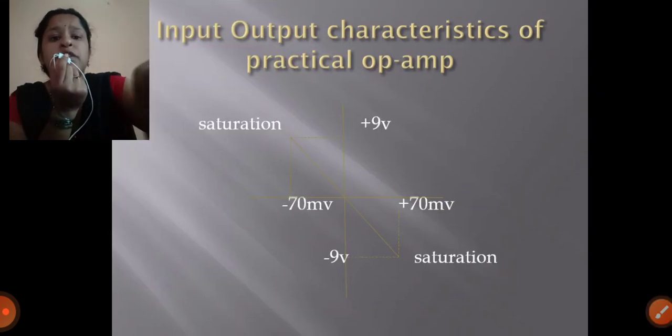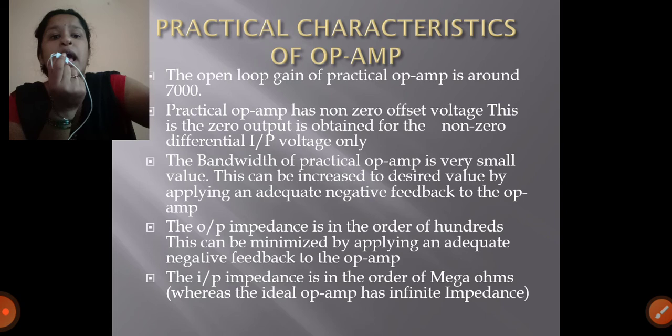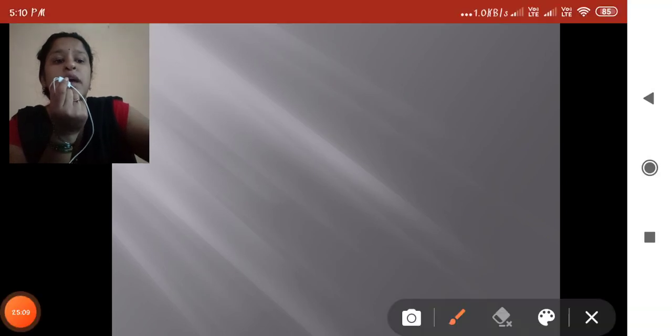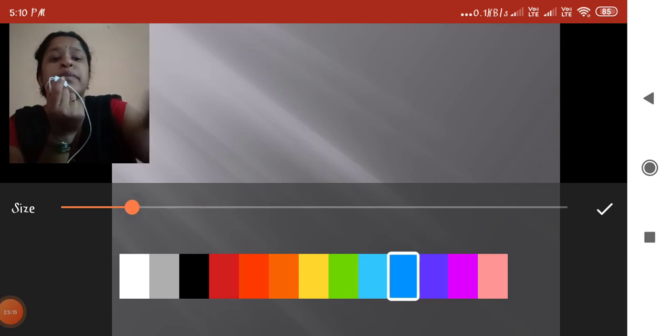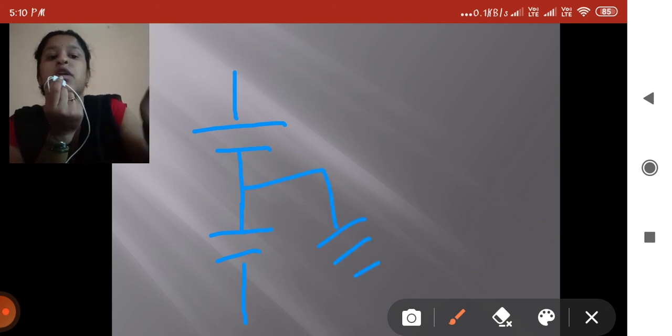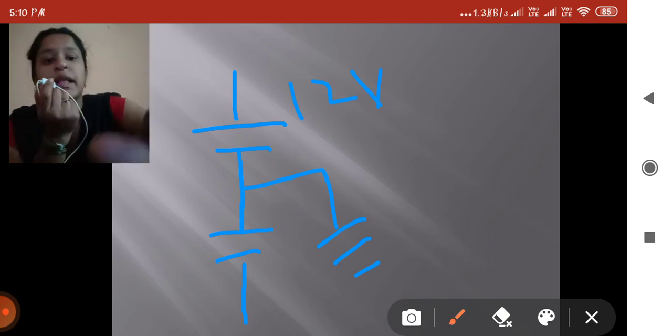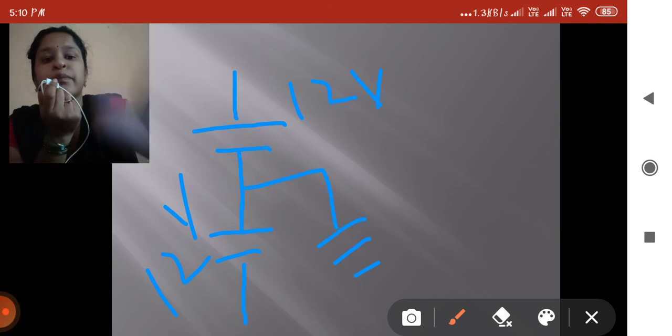We are going to study this, for example, I'm going to draw it here. This one is a power supply, and this one we are going to connect to ground. This is 12 volt, and this is also a 12 volt.